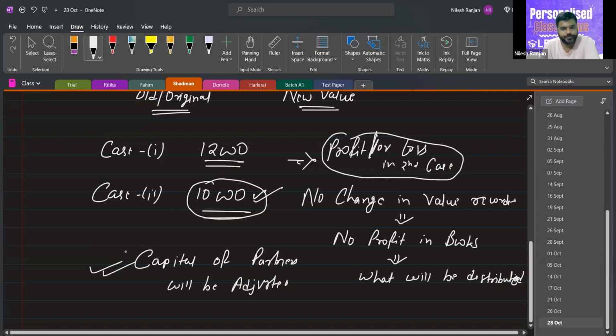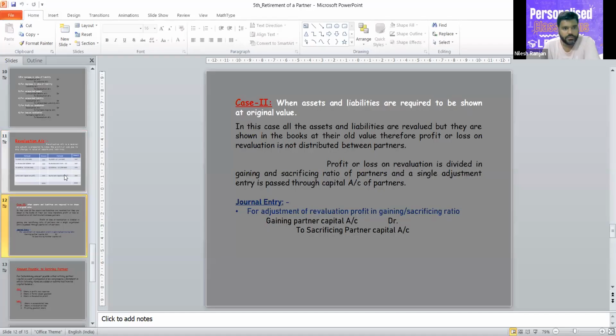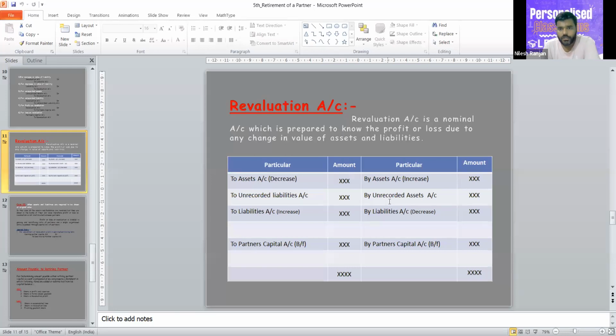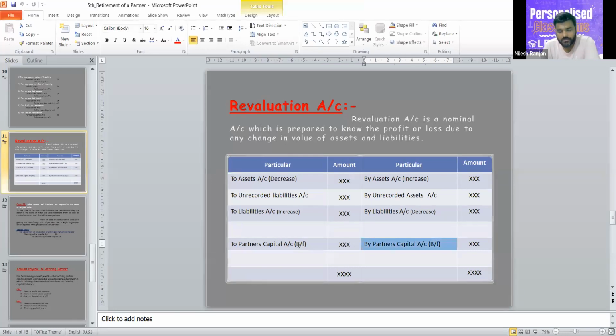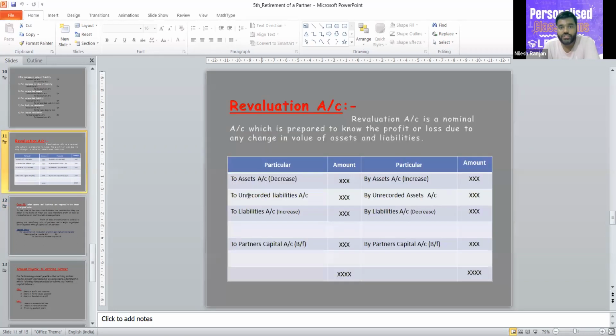Okay, sir. So if you have seen the format, after writing everything, we have calculated this balance. And this balance will be distributed in the old ratio. But in the second case, we cannot calculate the balance because there is no change in the value of assets or liabilities.